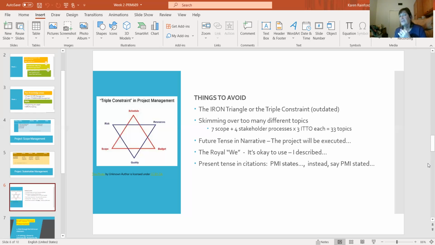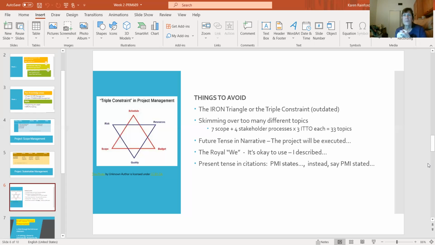And next, there's using present tense in citation. "PMI states." And PMI goes on talking and talking. There's the framework, there's all sorts of different books, but really what you're saying is, in this particular book, PMI said this.